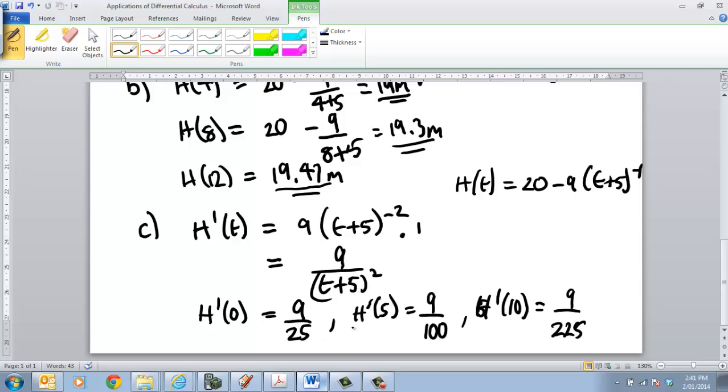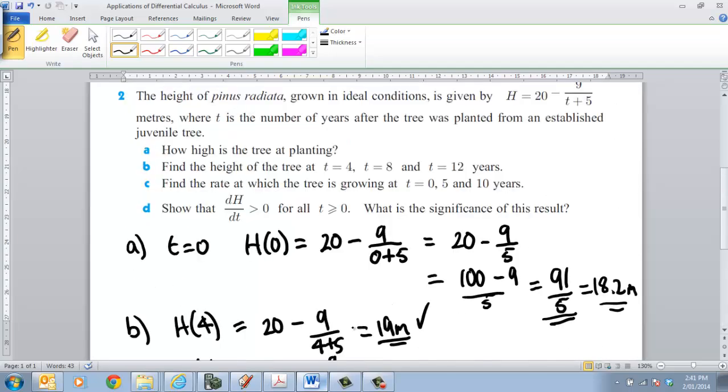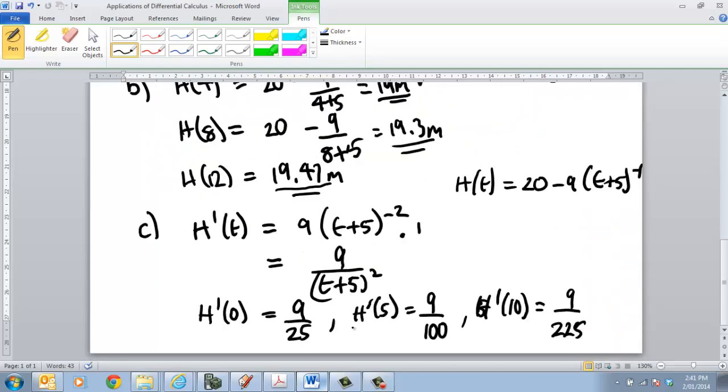Now, the next question on this exercise is: show that dh/dt is greater than 0 for all t. Alright, if we go back to our differentiation here, and I've not given myself space, I'll just do it here. In this particular case, no matter what t, we know that t has to be greater than or equal to 0. Therefore, that implies that (t plus 5) all squared is greater than 0 for all t, isn't it?